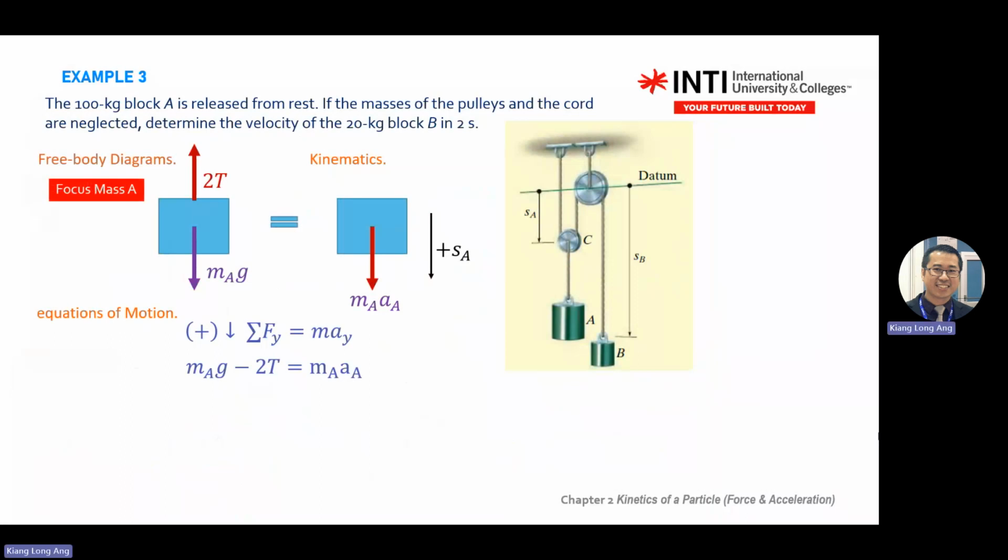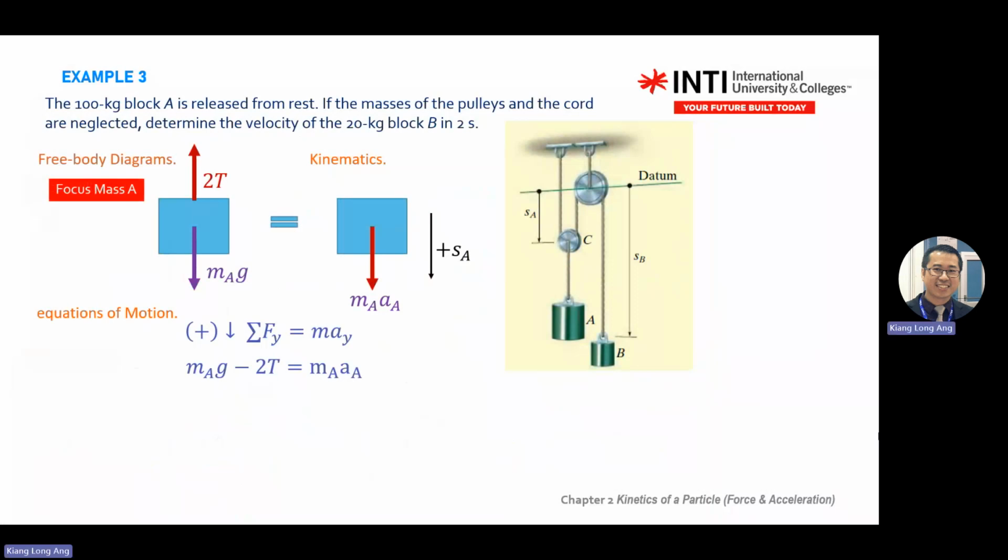Okay, you might ask, hey, Dr. Ang, why is my direction now go down positive? Because I don't want to mess up my datum. I don't want to mess up my general coordinate. Of course, in the previous examples, your go up is positive. But when you deal with the datum question, don't mess up the datum.